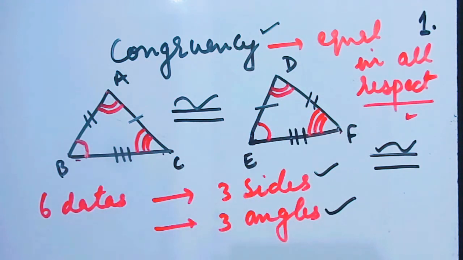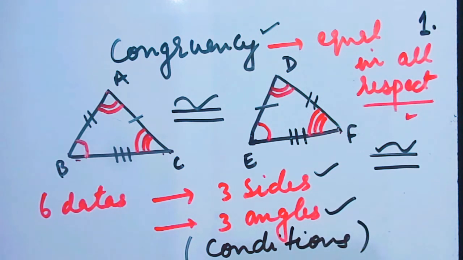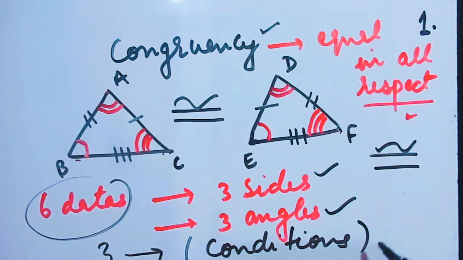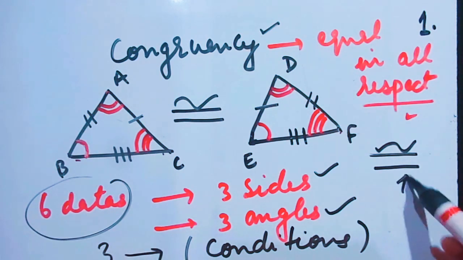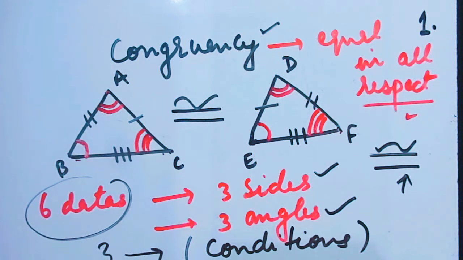But in order to save your time, they have given you certain conditions, which say that out of the 6 data, if only 3 of them are there, then the triangles will be congruent. How so? Let us start.